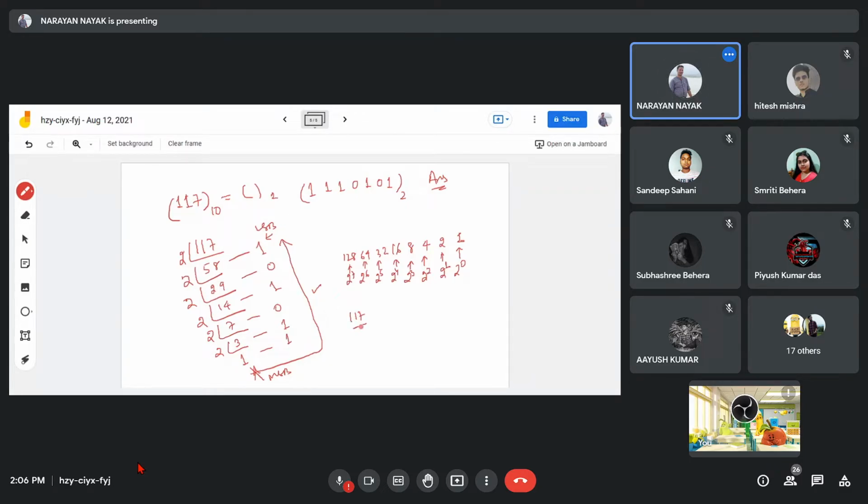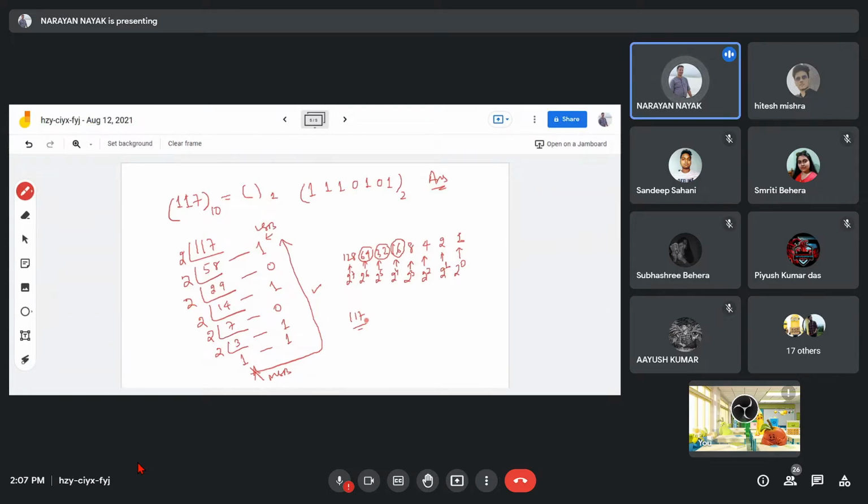Like this, I think you have to find out 117. Which values do you have to add? You see, I should add 64. The value before 117 is 128, which you should not consider. Which value do you have to consider? The lowest value, 64. Then 64 plus 32 is 96. 96 plus 16 is 112.